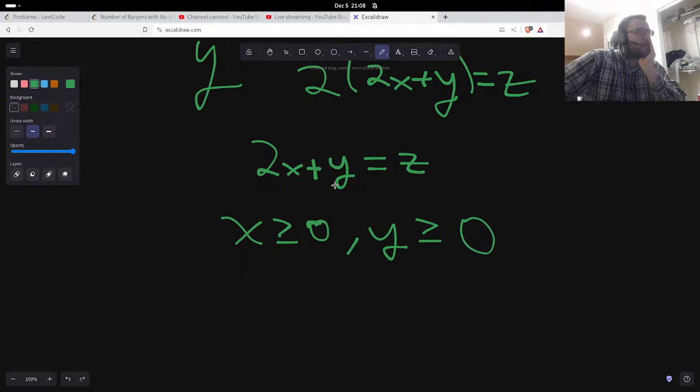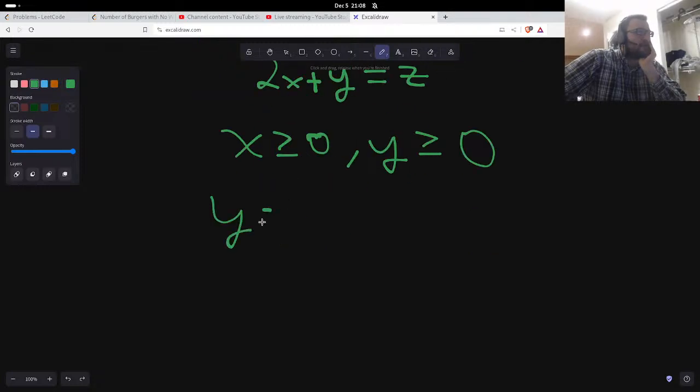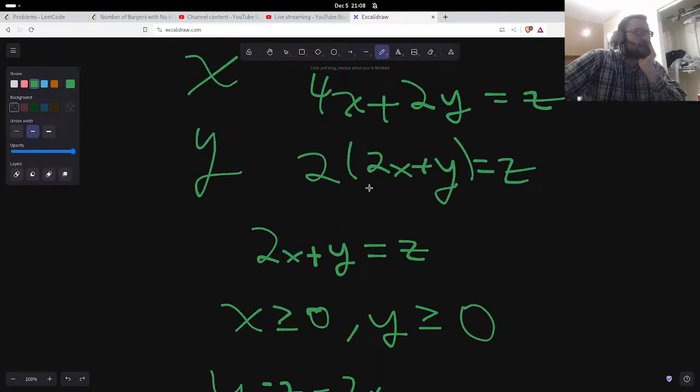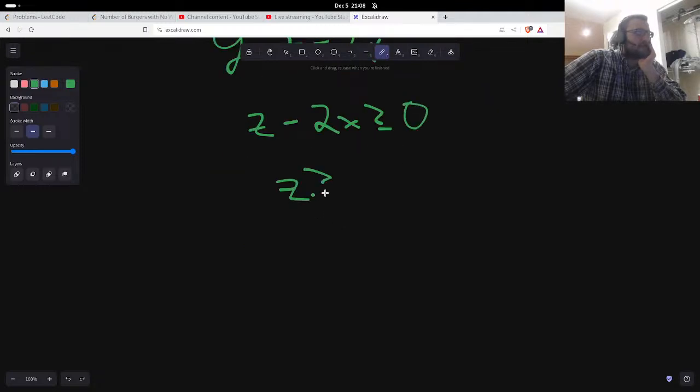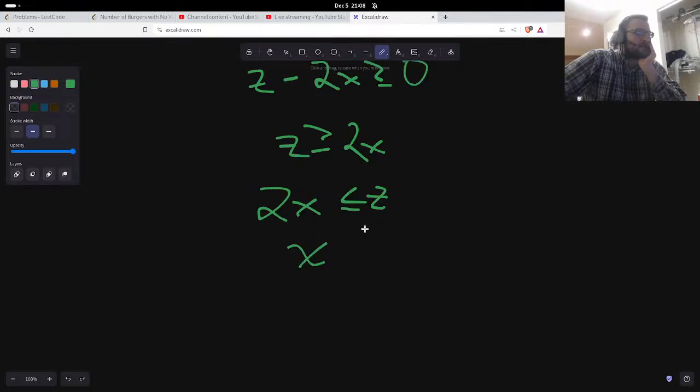And you could just say Y is Z minus 2X. X is the jumbo burgers. And so Z minus 2X has to be greater than or equal to 0. So that means that Z is greater than or equal to 2X. So that 2X is less than or equal to Z, to say that X is less than or equal to Z over 2.